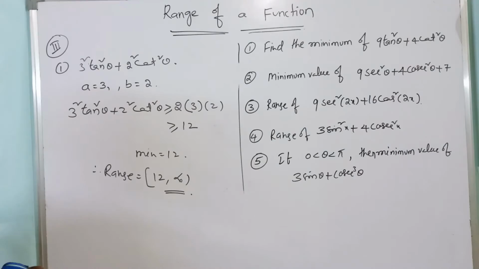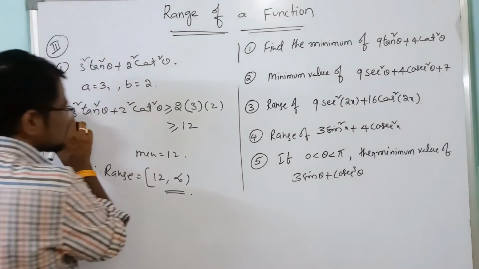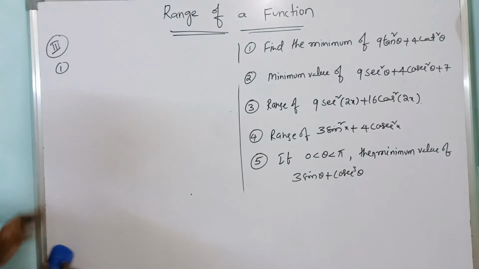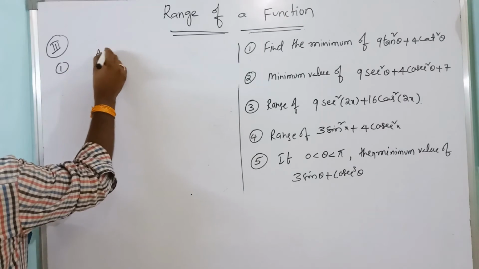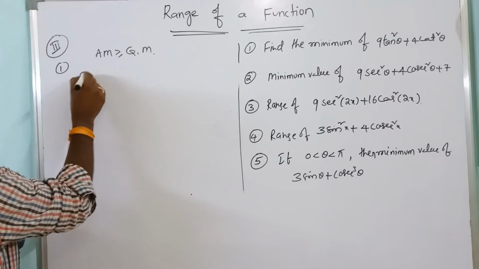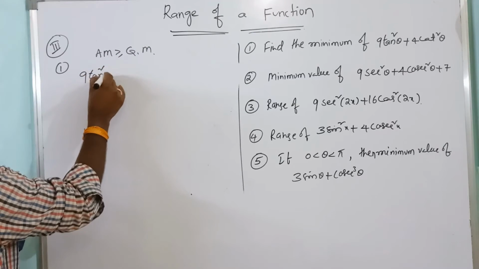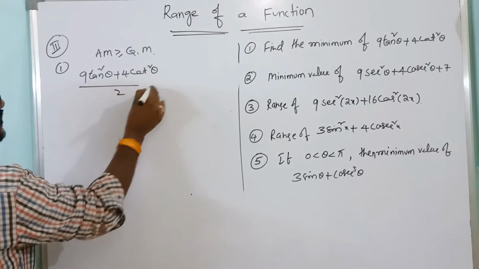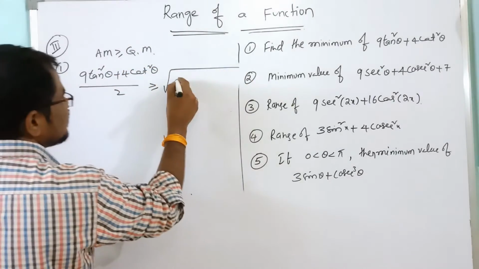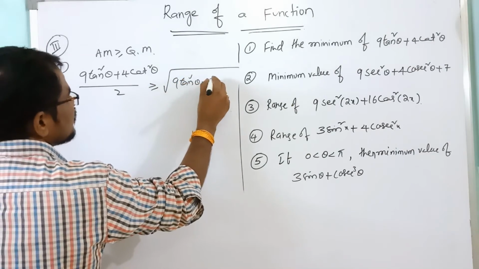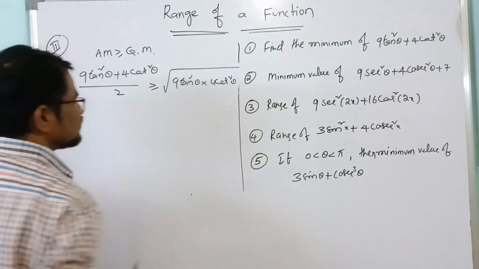Or, if you apply arithmetic mean greater than or equal to geometric mean, like this also you can do it. The arithmetic mean of these two terms, 9 tan square theta plus 4 cot square theta divided by 2, is greater than or equal to the root of 9 tan square theta into 4 cot square theta.